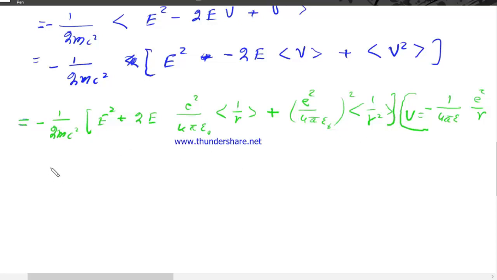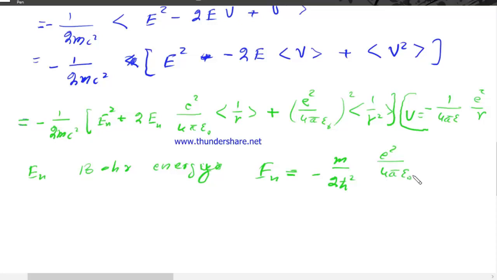Now here E n is the Bohr energy, which is equal to minus m divided by 2 h cut square, e square divided by 4 pi epsilon naught whole square, and 1 over n square.